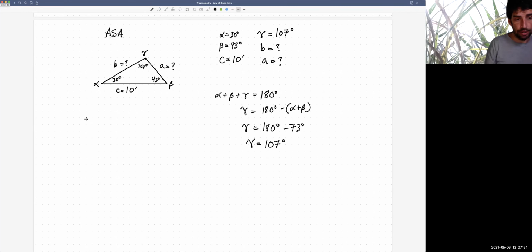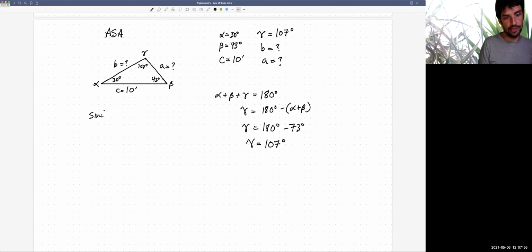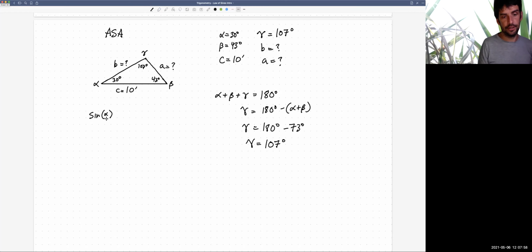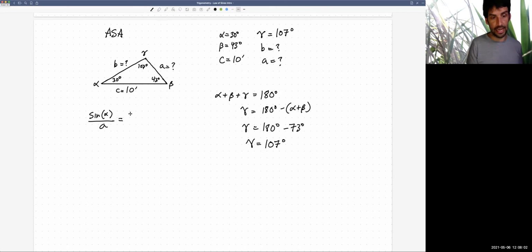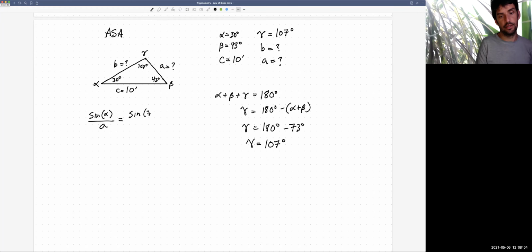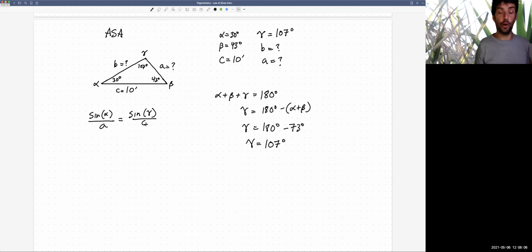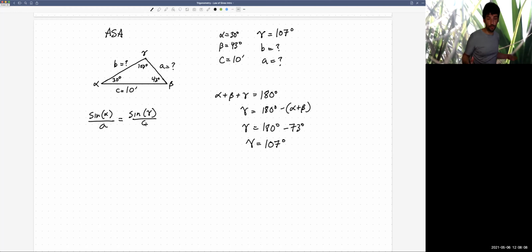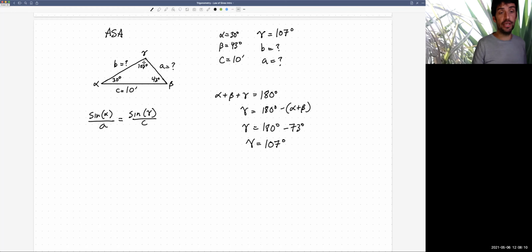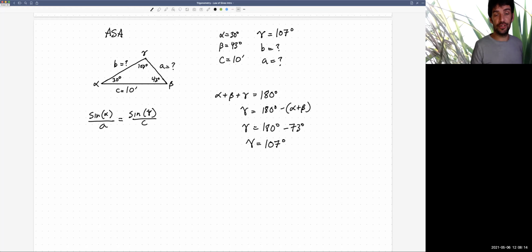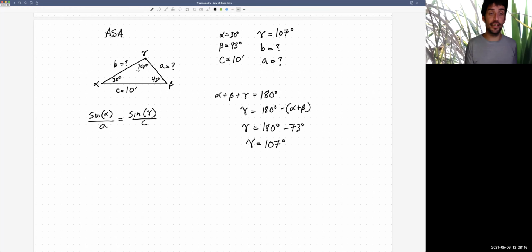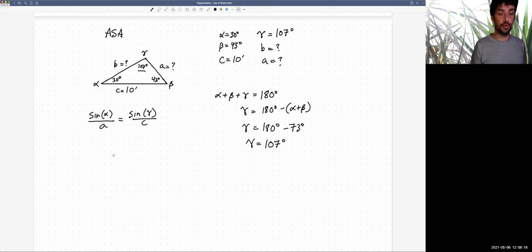So what I know is that sine of alpha over A is equal to sine of gamma over C. It's also equal to sine of beta over B, but notice I don't know what B is. I'm looking for A. I chose using angle gamma because I know the angle and the side across from it.